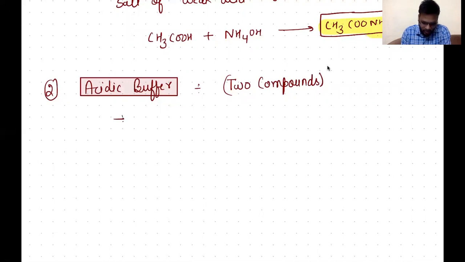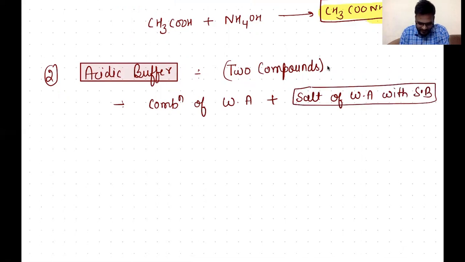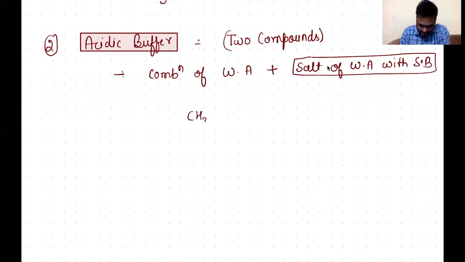So it is a combination of weak acid and salt of weak acid with strong base. For example, any weak acid, CH3COOH, and its salt, CH3COONa. The salt should be with strong base.